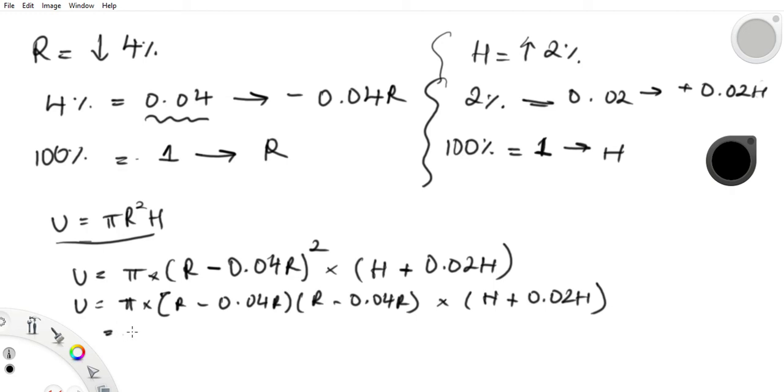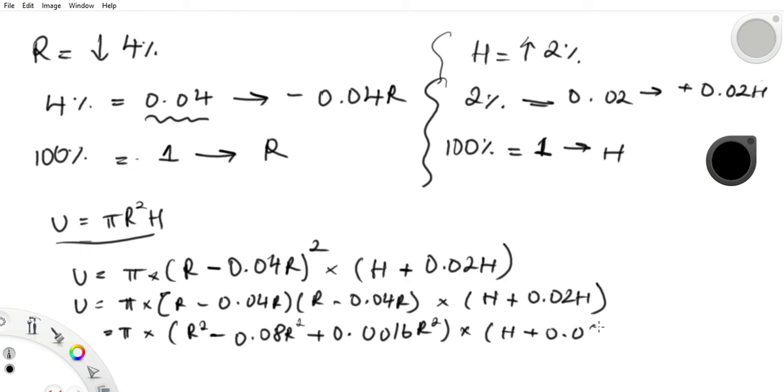What we have is r squared minus 0.08 r squared plus 0.0016 r squared, times h plus 0.02 h, which didn't really change. Now this part's the easiest part.